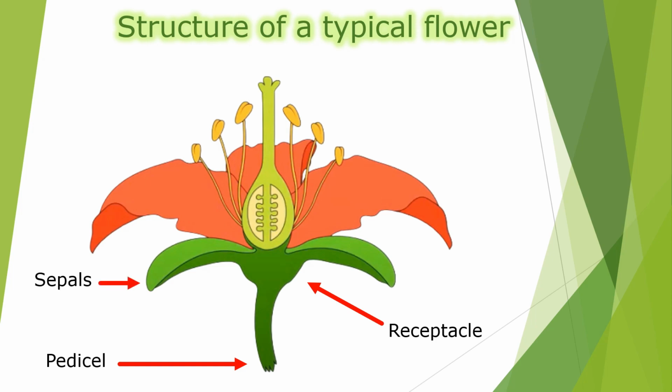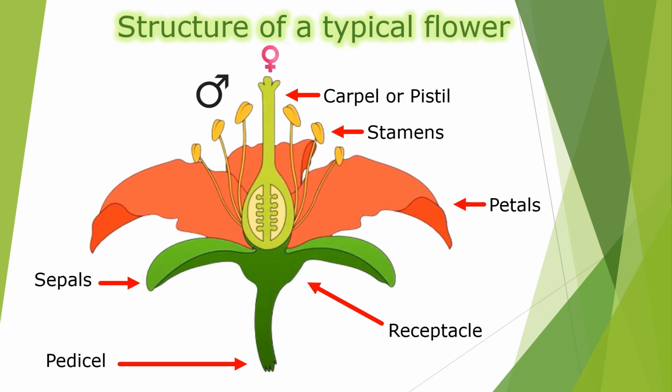The remaining parts of the flower are arranged in 4 whorls or 4 circles, as you may call. The first one being sepals, then beautiful and colorful petals that are meant to attract pollinators, something that we're going to be talking about later on. Stamens, or the male parts of the flower. Carpel or pistil, which is the female part of the flower.